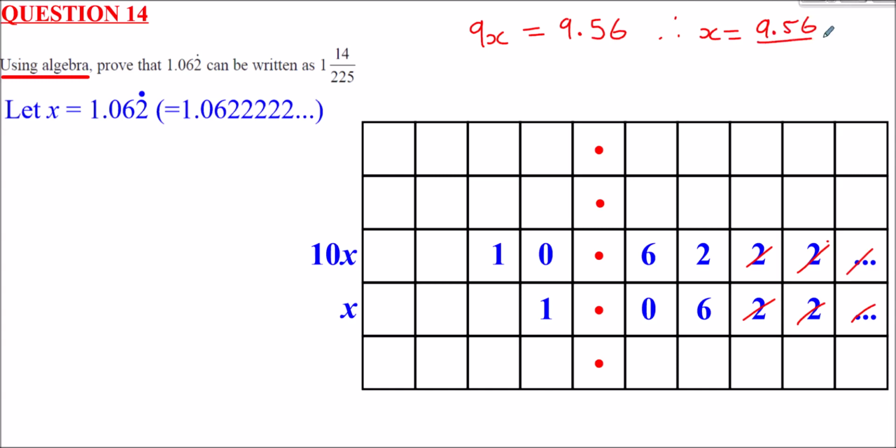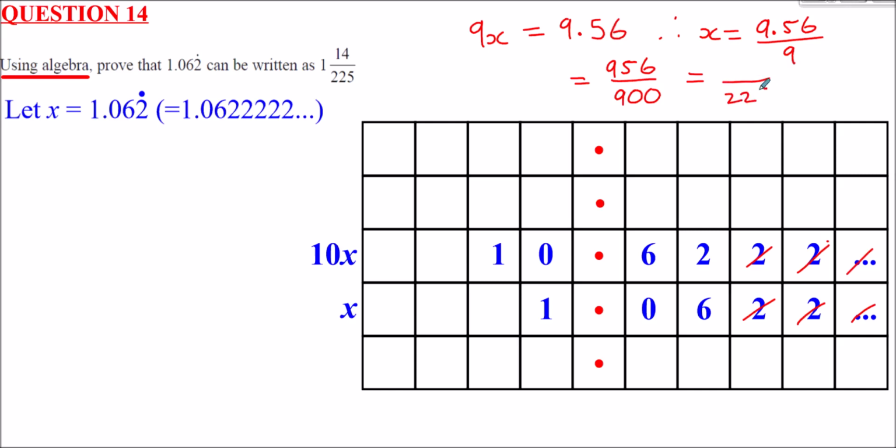You could then say that x equals 9.56 over 9, and then you get 956 over 900. If you multiply both top and bottom by 100, this will now simplify. So the clue here is it becomes 225. So we can divide both the top and bottom by 4.